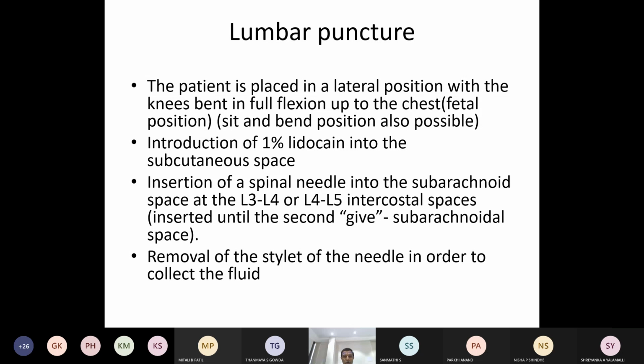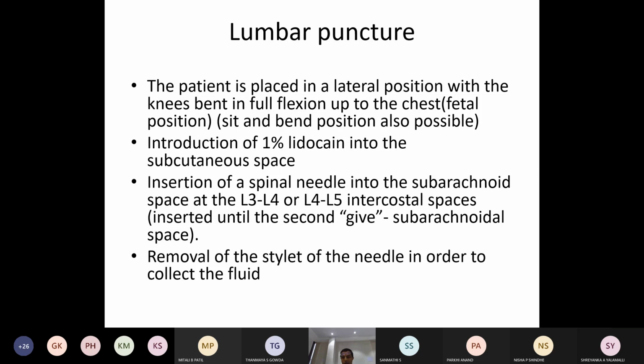Introduction of 1% lidocaine into the subcutaneous space, and insertion of the spinal needle into the subarachnoid space at the L3-L4 or L4-L5 intervertebral space, inserted until it reaches the subarachnoid space.